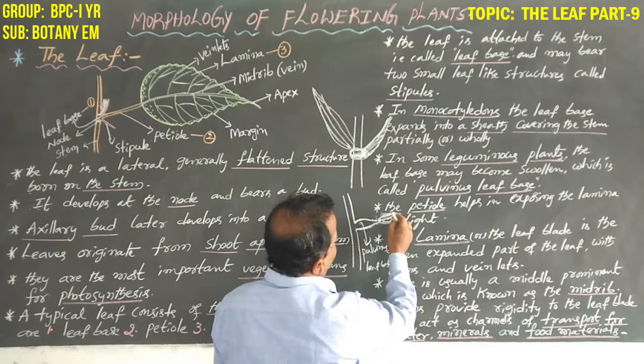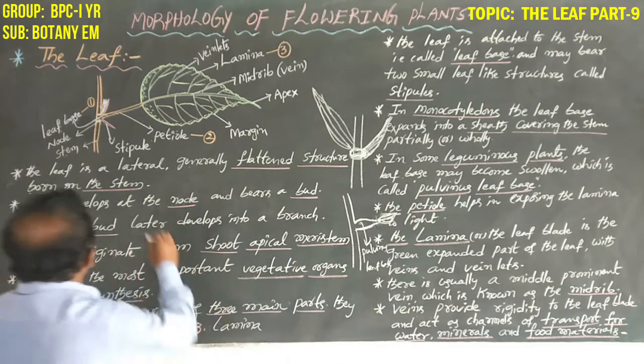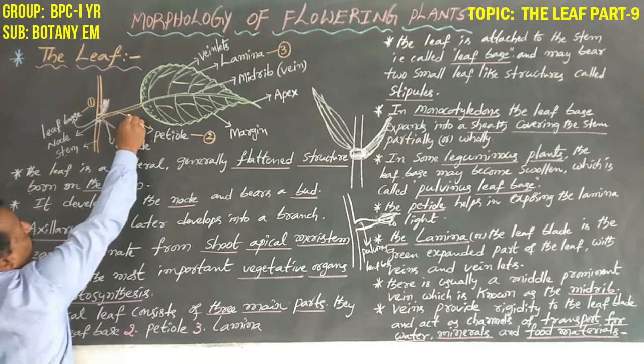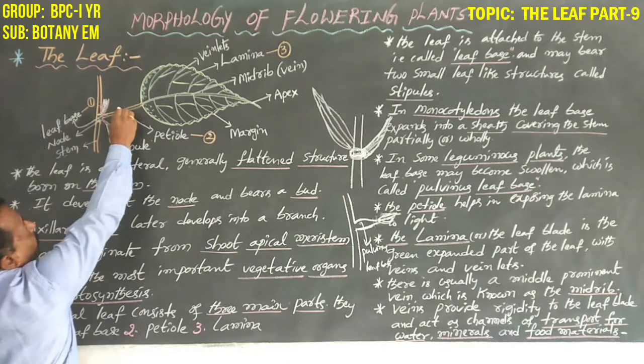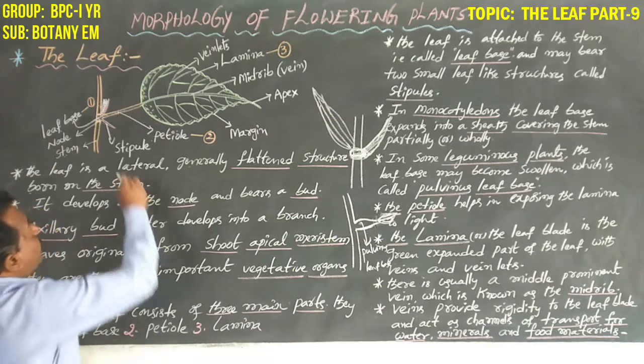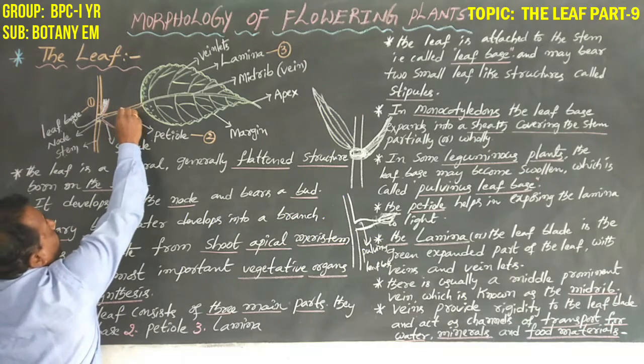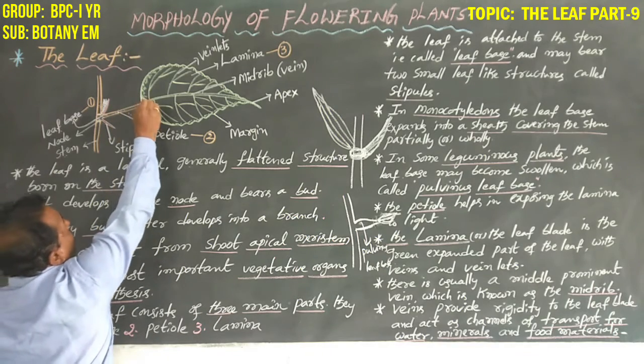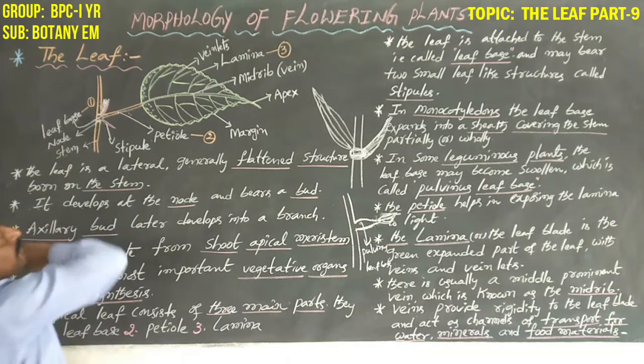Okay, now the second part, the petiole. Generally the petiole is long, thin, and very flexible, and attached to the lamina and leaf base.